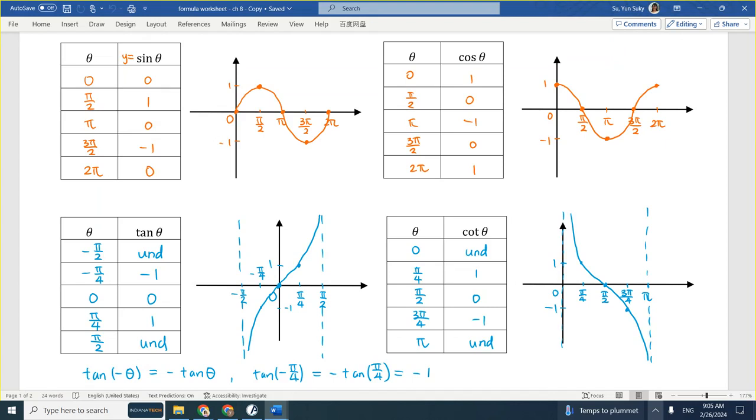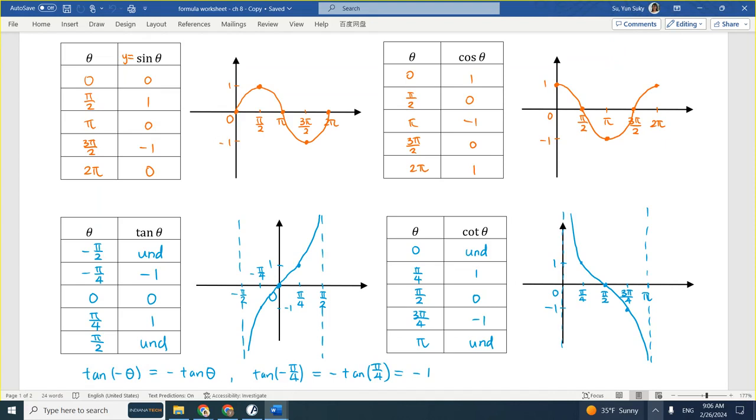We still have 5 key points spread from 0 to pi: 0, pi over 4, pi over 2, 3 pi over 4, and pi. Because the shape looks like this, we have a vertical asymptote here. So undefined, 1, 0, -1, and undefined.